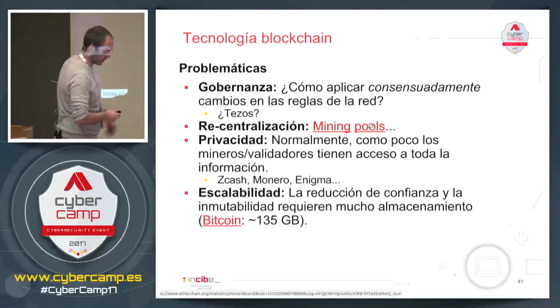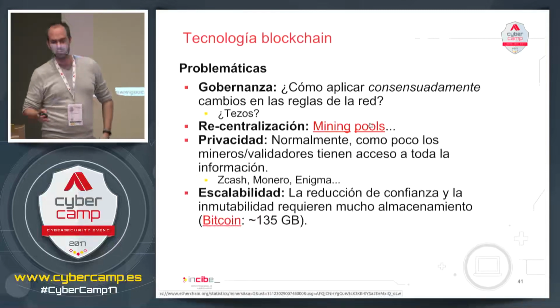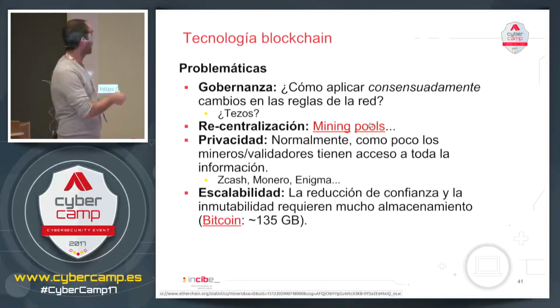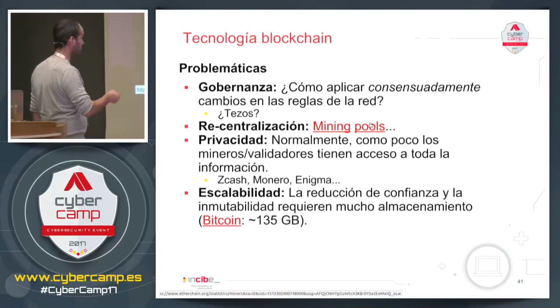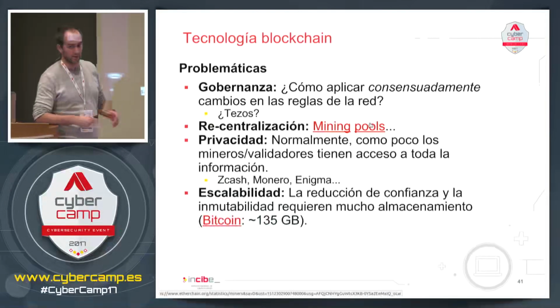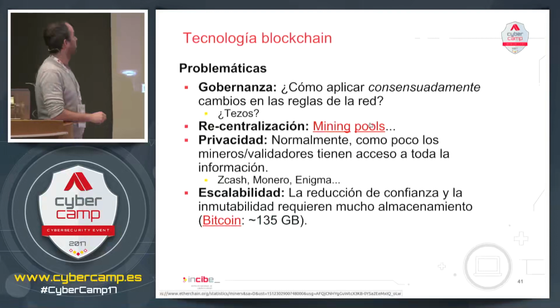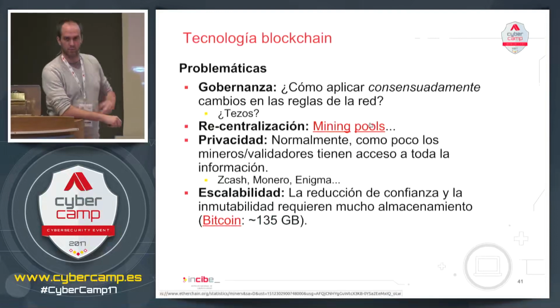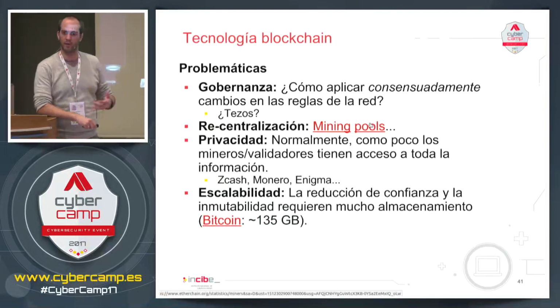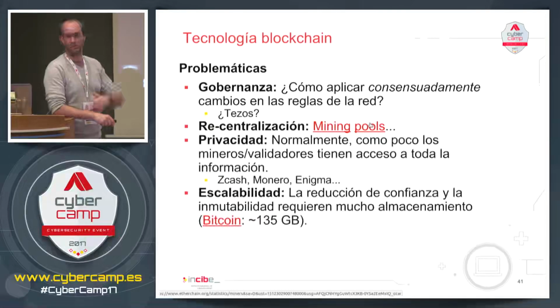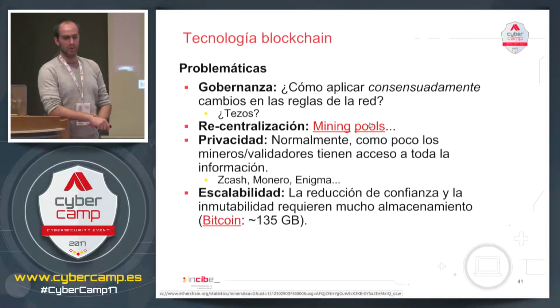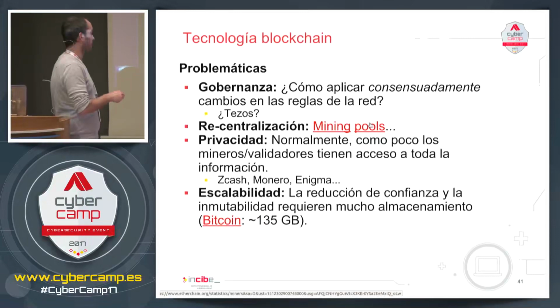There are ways of avoiding this, but I'm not going to explain this now, because they're problematic too. Some blockchains are appearing now to solve and to fix this problem, which is not trivial. There are very advanced cryptographics, SNARKs, zero-knowledge systems. They're very good cryptographies.